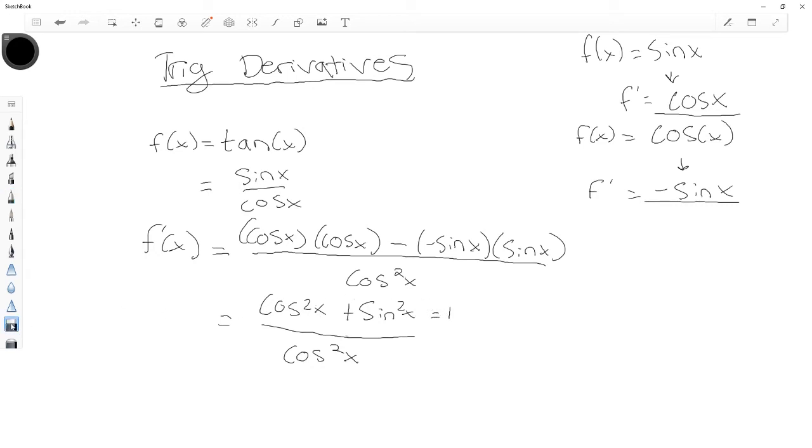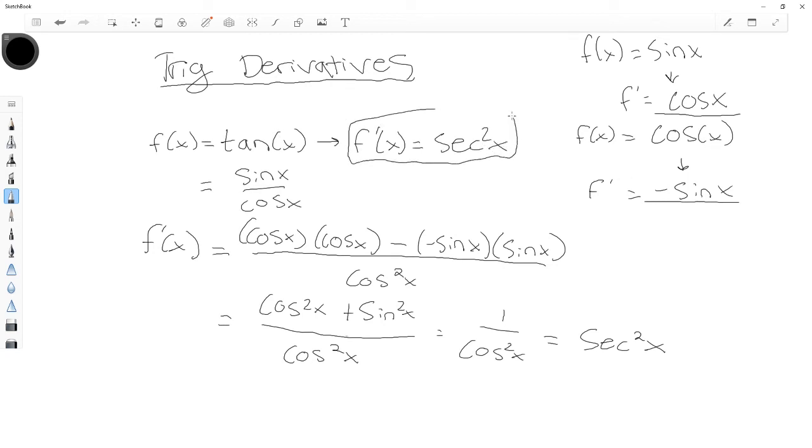So really, the top is just 1. And then 1 over cosine is just secant, so this will be secant squared x. And so that is the derivative of tangent.